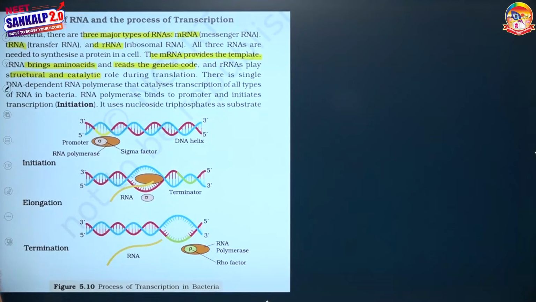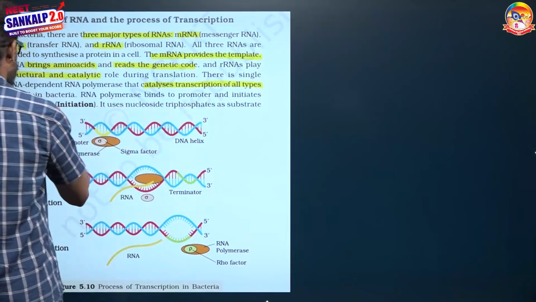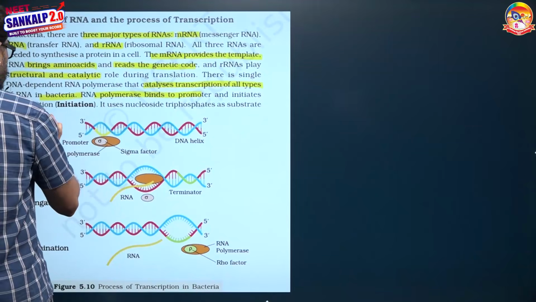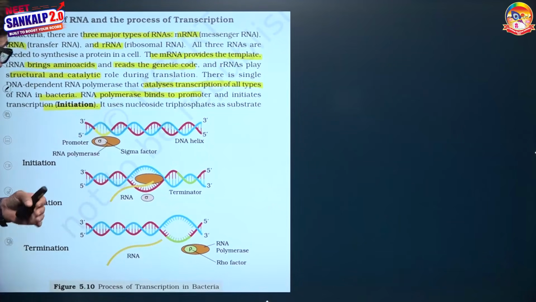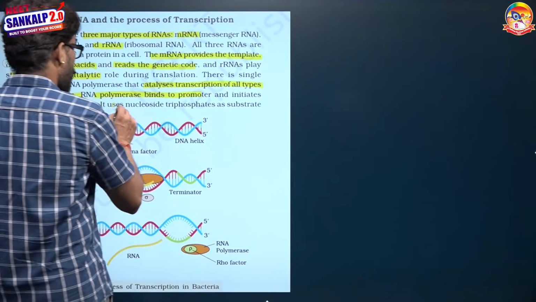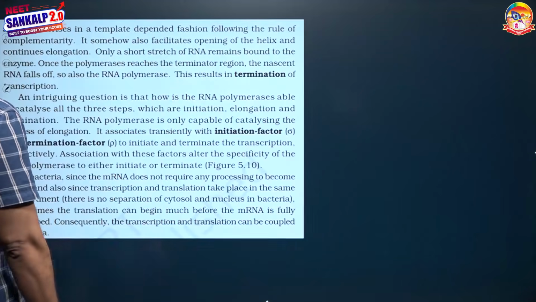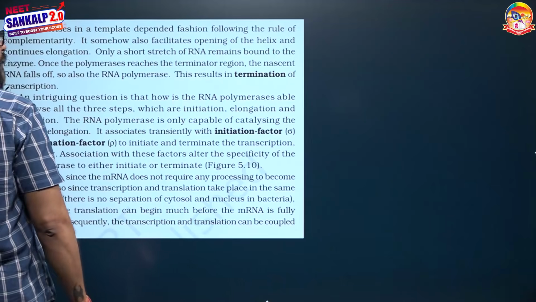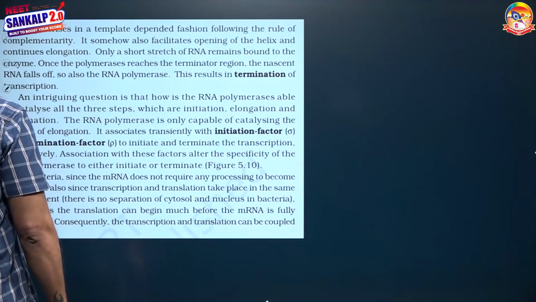DNA-dependent RNA polymerase can catalyze all the steps of transcription. RNA polymerase binds to the promoter and initiates the transcription. Then it proceeds and finally reaches a terminator location. It uses nucleoside triphosphates as substrate and polymerizes in a template-dependent fashion, following the complementary rule, to form the polyribonucleotide.